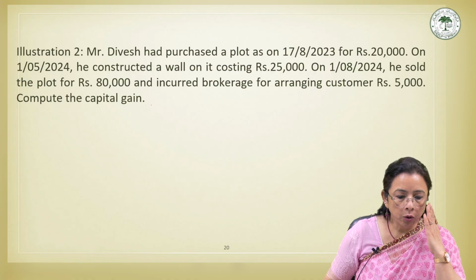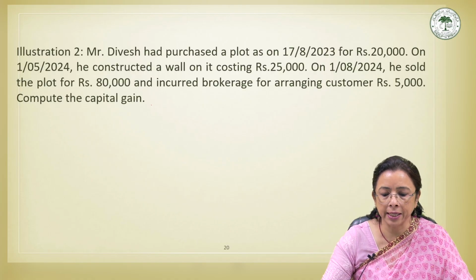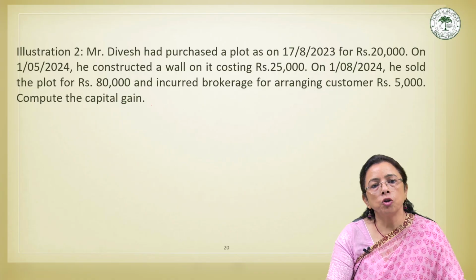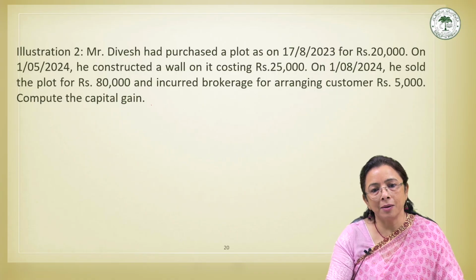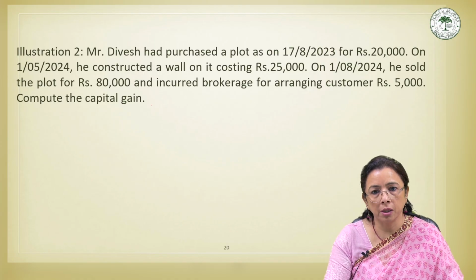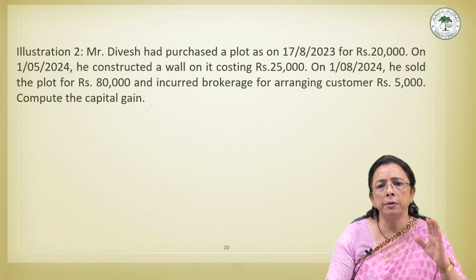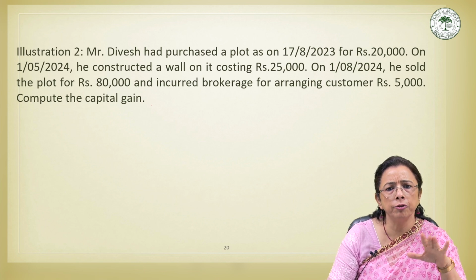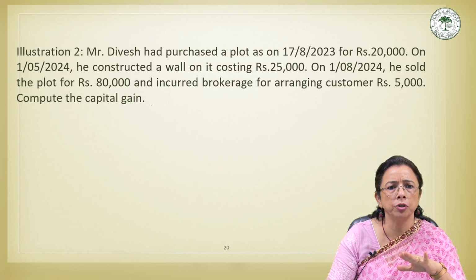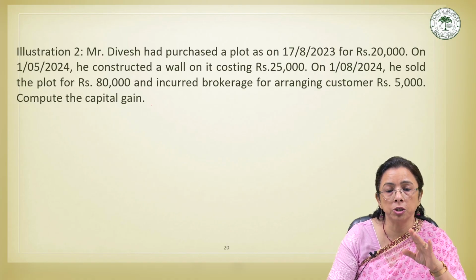Let us go with a small illustration. By calculating this, we will understand things better. So, Mr. Devesh purchased a plot on 17th August 2023 for rupees 20,000. On 1st May 2024, that means just within a few months, he constructed a wall on it costing rupees 25,000.